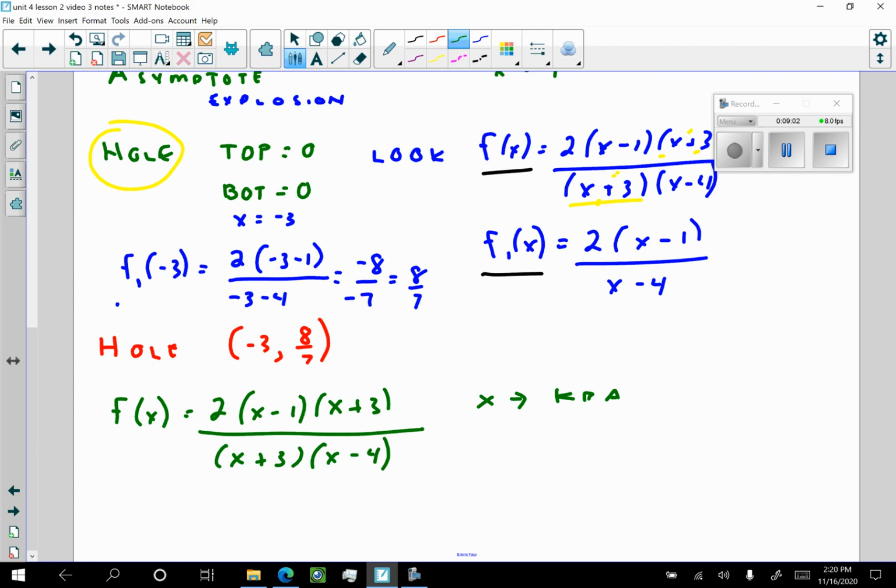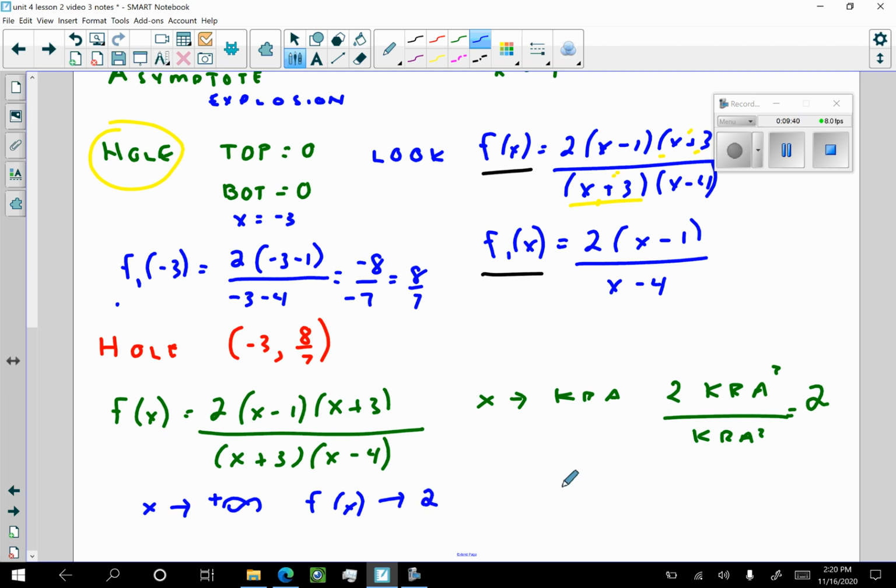I get 2 over quadrillion squared, quadrillion times quadrillion, over quadrillion squared. The quadrillions cancel, that's 2. So I make this statement: as x goes to, I don't say quadrillion, that's silly, as x goes to positive infinity, my function goes to 2.